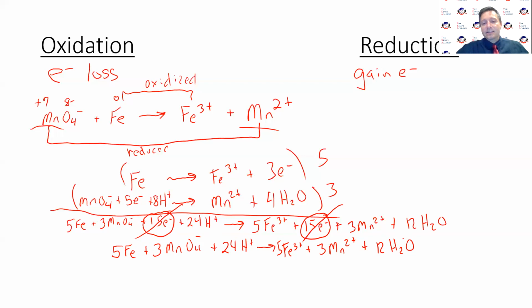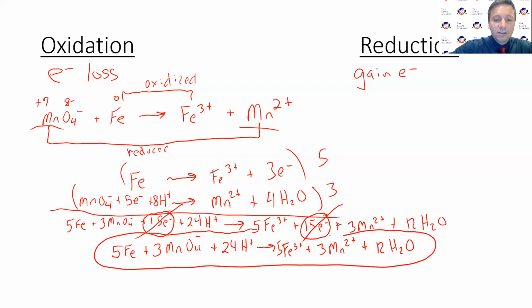So that is my balanced redox reaction in an acid solution.